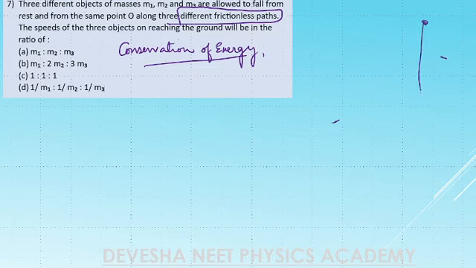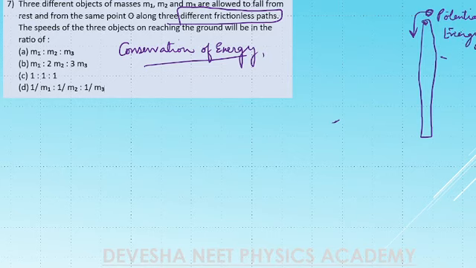Imagine that there's a tower here, a very long tower, and some bodies are made to fall from it. At this high position, these objects will have some potential energy.